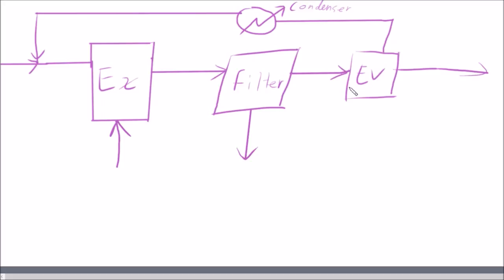Okay, so as you can see here, I'll give you the question number in the description as well, if it's in the latest edition of your textbook, so you have a nicer diagram than what I have here. But anyway, in this question you have an extractor, a filter, an evaporator, and I forgot to mention, a recycle stream.